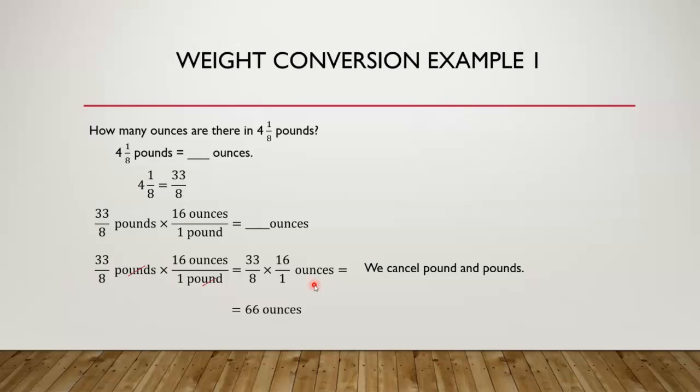And what we end up with are 66 ounces. Again, that's just direct calculation, 33 over 8 times 16. You could do that in a calculator. What actually happens is the 8 and the 16 cancel to give 1 and 2, but you could just do it in the calculator. So that's what we got here. Are there any questions on this?